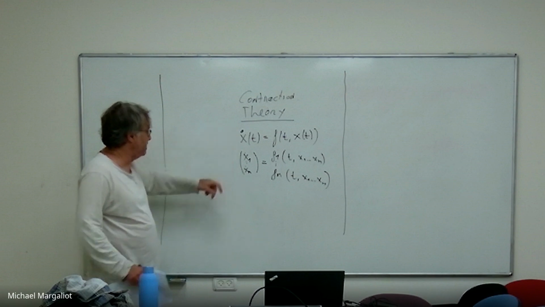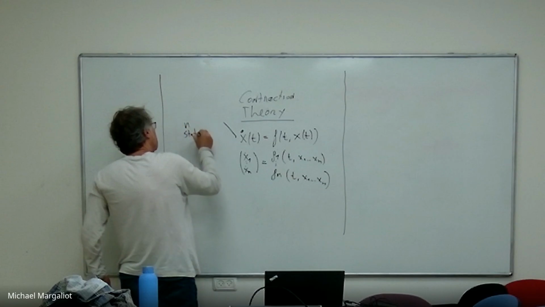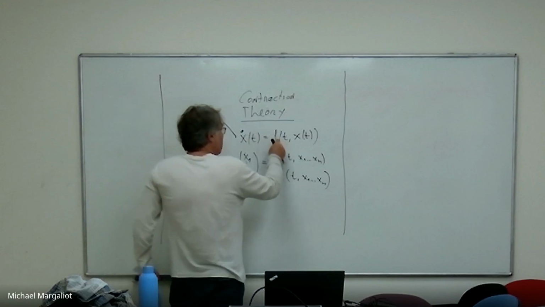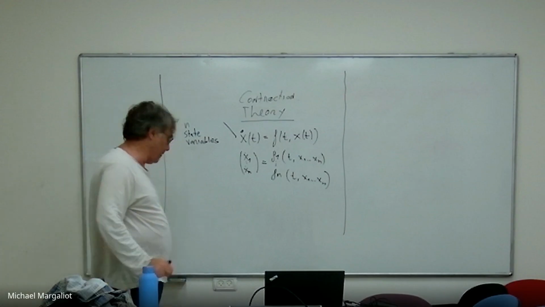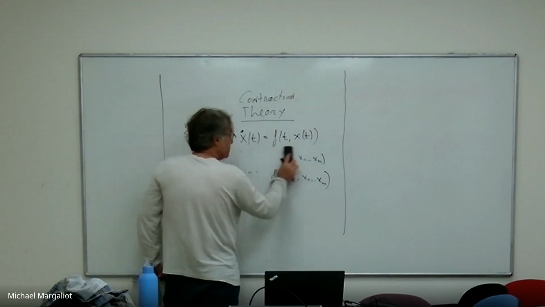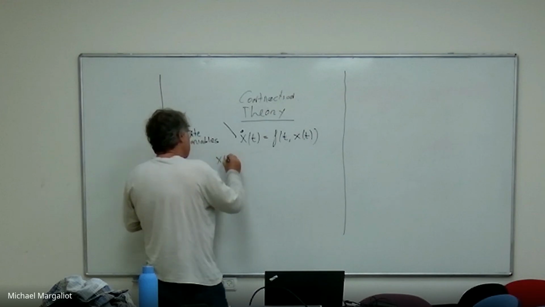So here we have n state variables. And here we have a vector f with n components, giving us the derivative for each of the components. Note the solution.